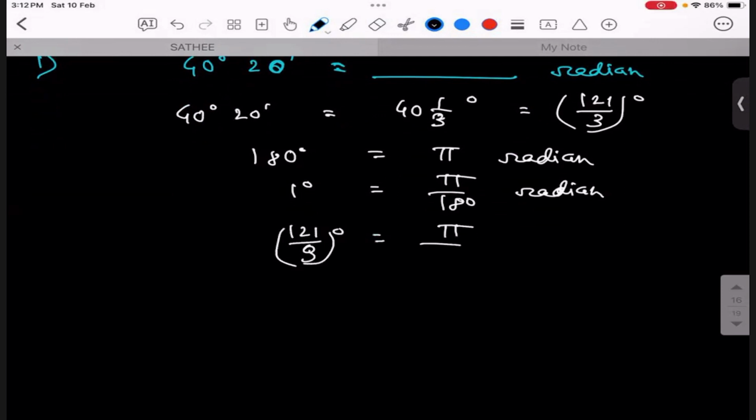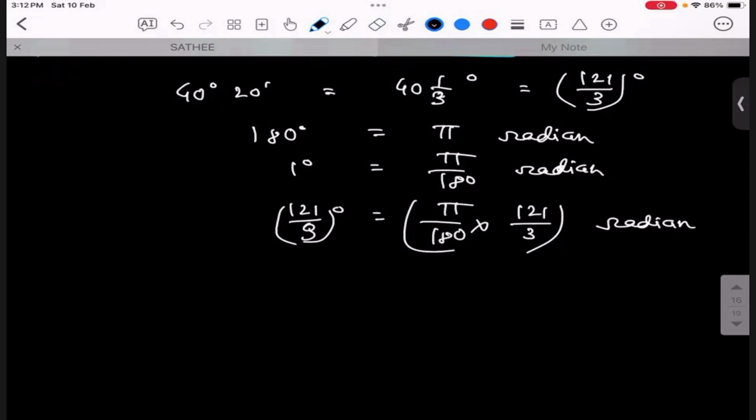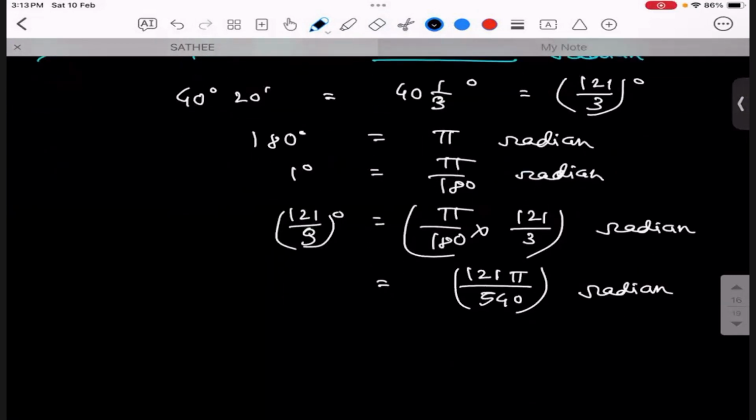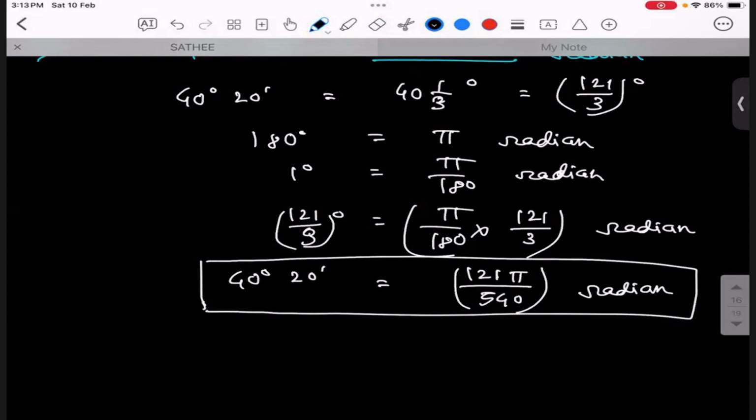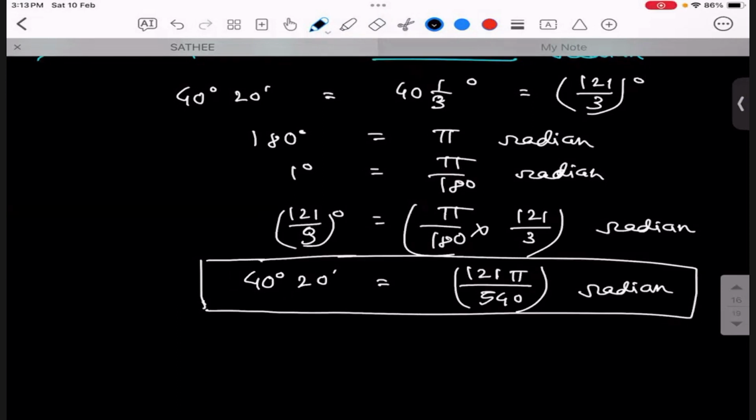This is nothing but pi by 180 into 121 by 3 radian. This gives us 121 pi by 540 radian. Okay, so 40 degree 20 minute equals this many radian.